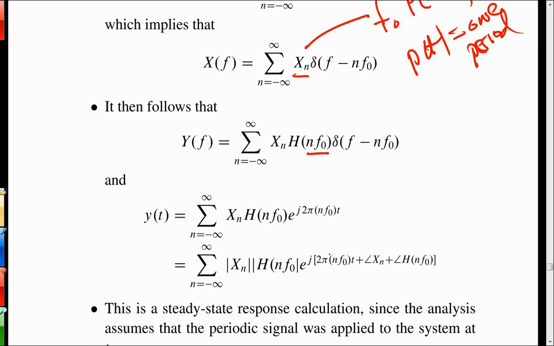This also is the equivalent to the AC steady-state circuit analysis model that you learn about in circuits, where you only have a sinusoid present. So you only have the fundamental present, but the frequency response magnitude gets sampled at the frequency of the sinusoid, which would be, say, n times f naught if n was only equal to 1, and that's what shows up as an output of a circuit, let's say.